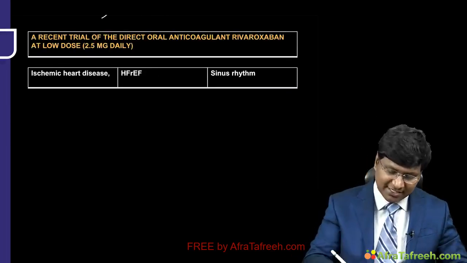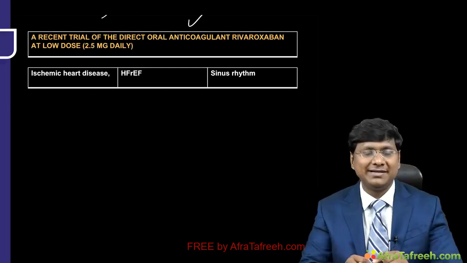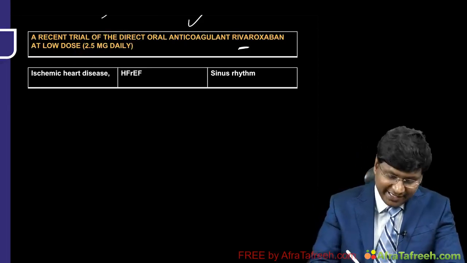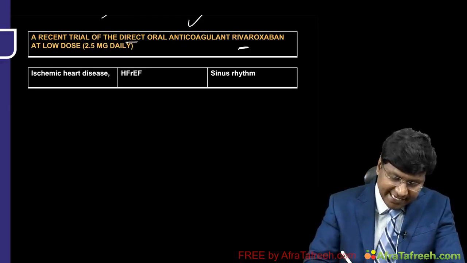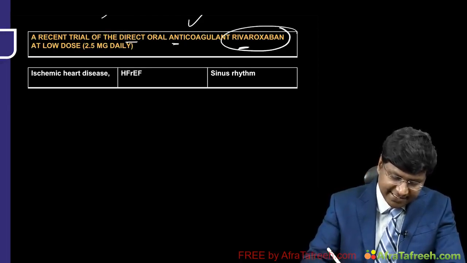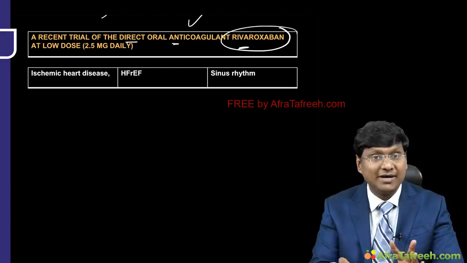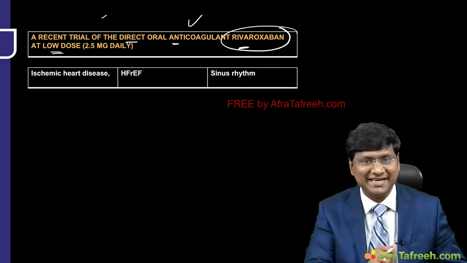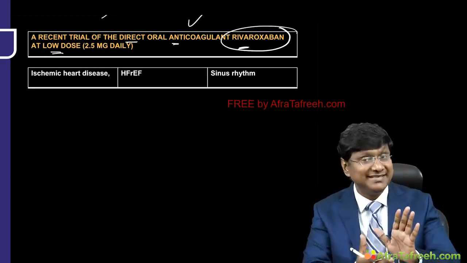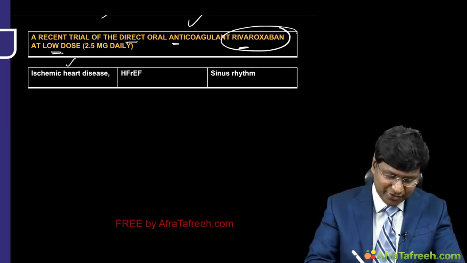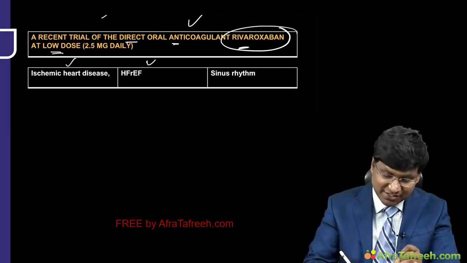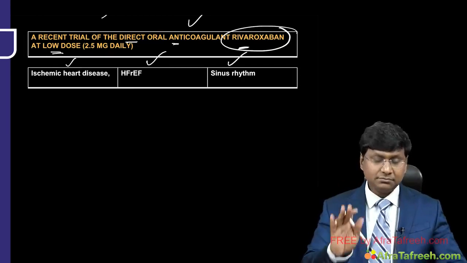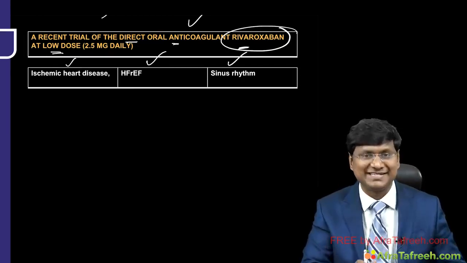And one more trial was done on the newer anticoagulants, that is a direct oral anticoagulant, rivaroxaban. In this recent trial, rivaroxaban was given at a low dose, 2.5 milligrams daily, in patients with ischemic heart disease, in patients with heart failure with reduced ejection fraction, and in patients with sinus rhythm.